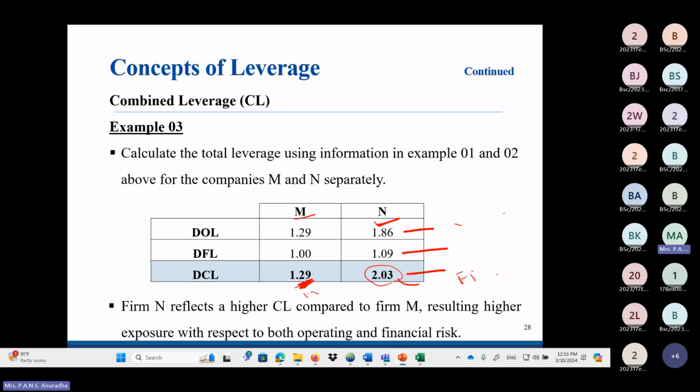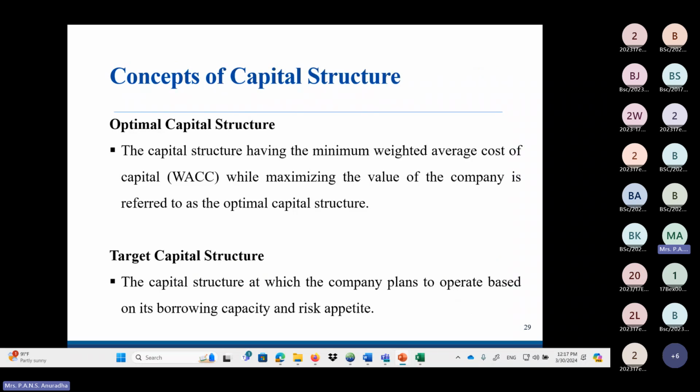So likewise, you should be able to identify these 3-4 concepts: business risk, financial risk, operating leverage, financial leverage. So I explained 4 concepts with this calculation. Did you get it?